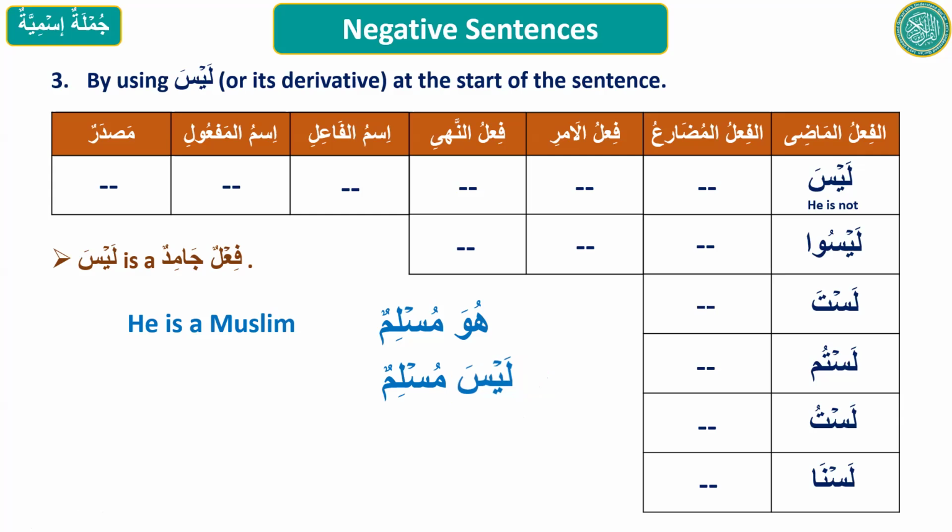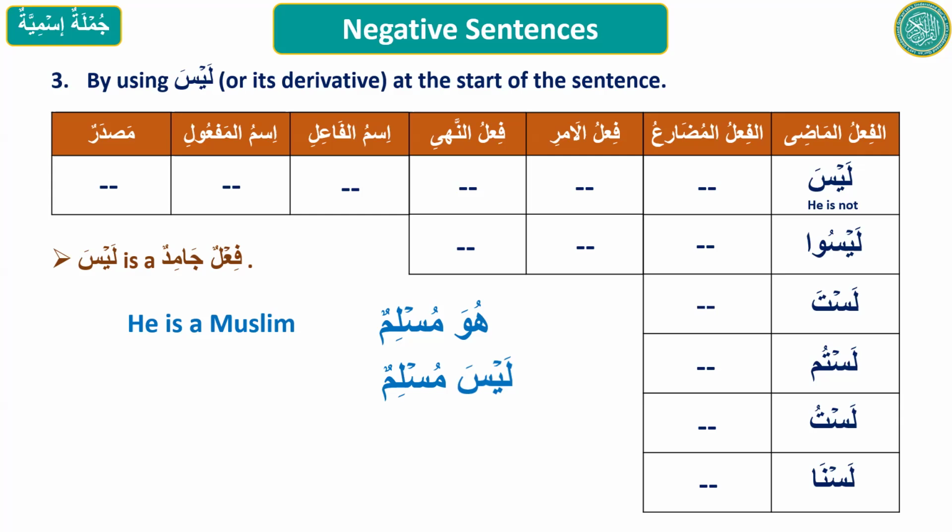But similar to ma, it makes another change. Laysa, when it's added to a jumla ismiya, used at the beginning, makes the khabar mansoob as well. All right? Similar to ma. Laysa muslimun will be wrong. Because if it is laysa muslimun, what will be the translation?